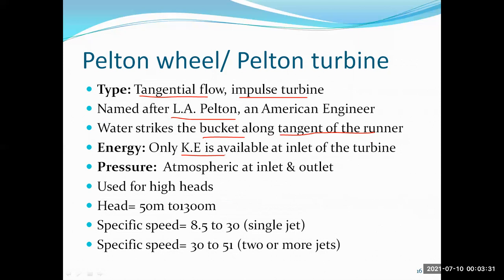Basically this type of turbine is used for high head, with head available between 50 meter to 1300 meter. The specific speed is about 8.5 to 30 rpm if it is a single jet, and it varies between 30 to 51 if there are 2 or more jets.